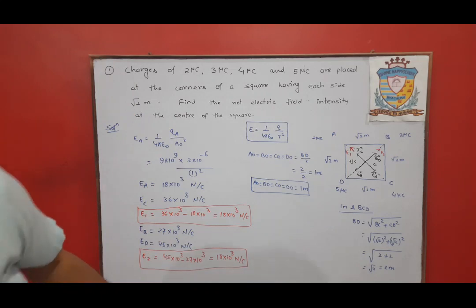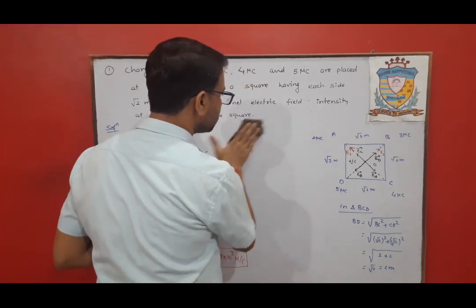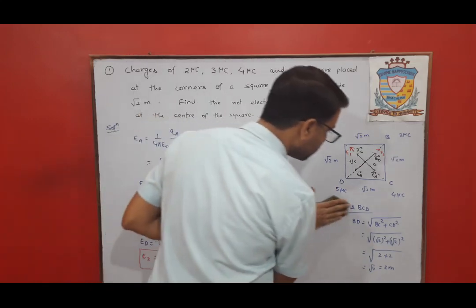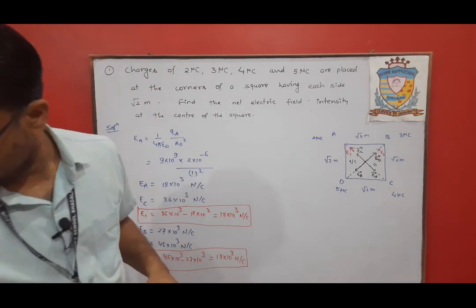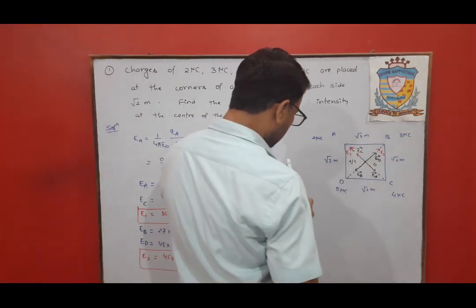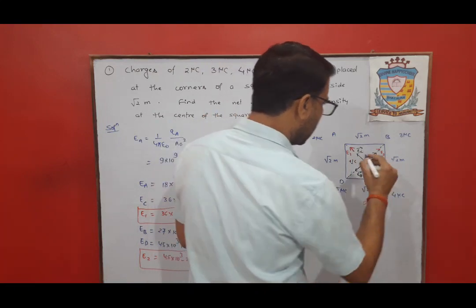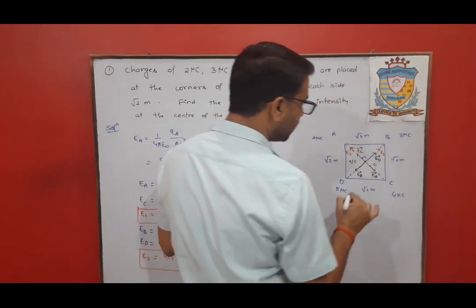Now, from this figure, E1 and E2 are at an angle of 90 degrees, meaning the angle between these two is 90 degrees.